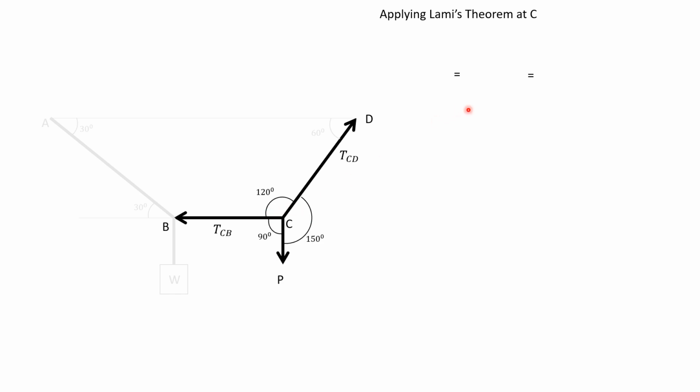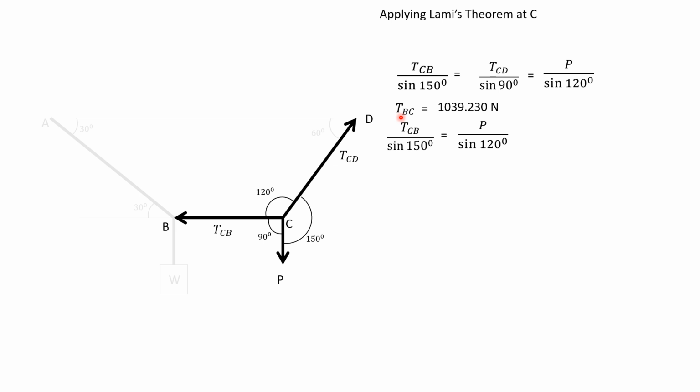So we have TBC value, and from that, from these two, substituting for TCB equal to TBC, we get P value.